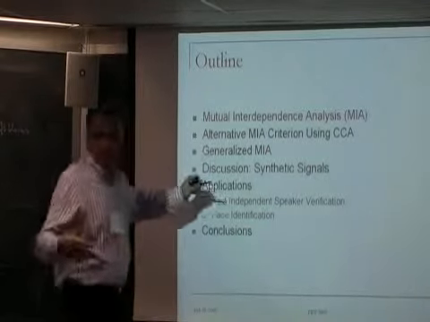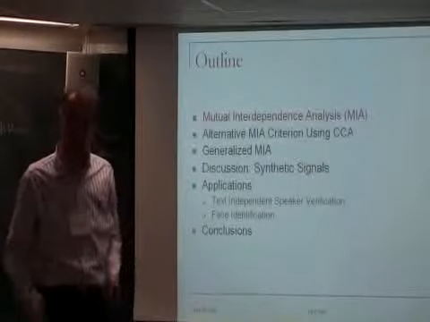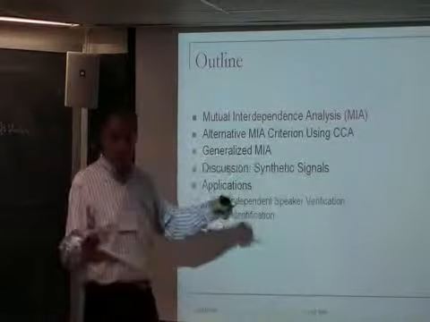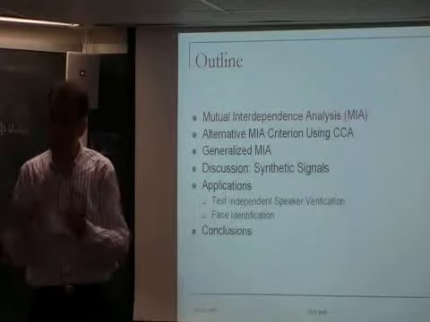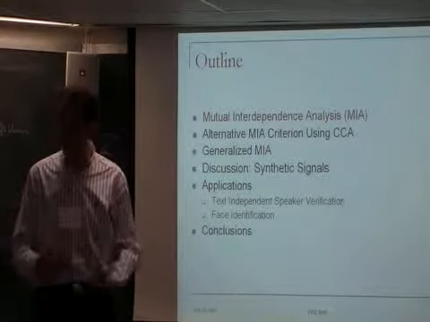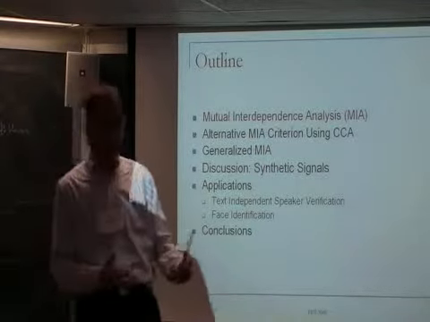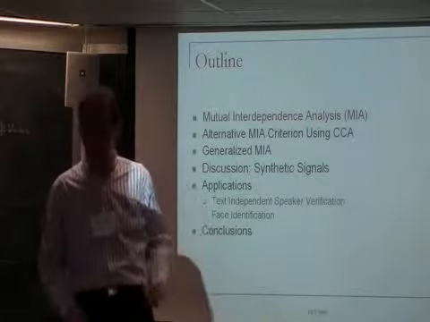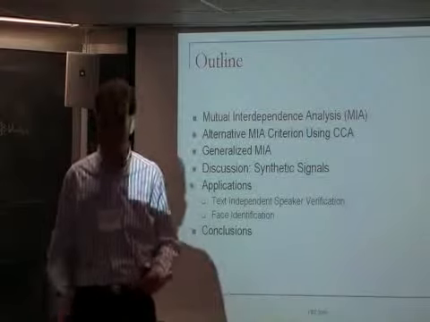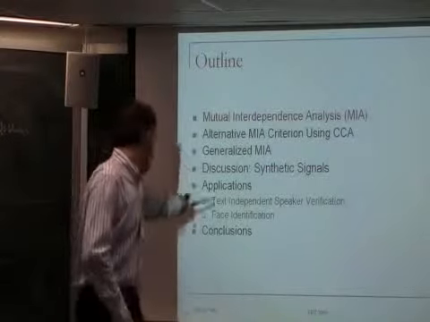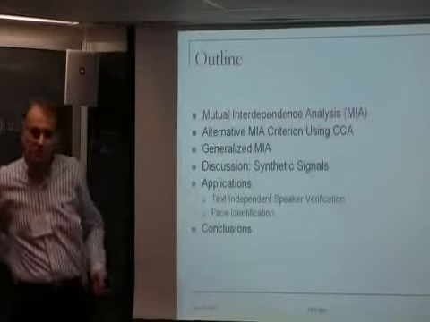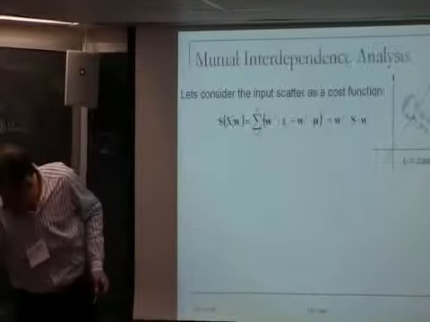We'll go into a generalization based on a Bayesian interpretation. We constructed a synthetic model: if my assumptions are correct, I should be able to generate synthetically some data with underlying, hidden, unknown common components that I would like to extract. And we'll look at what we do in two typical applications from the literature, then conclude.